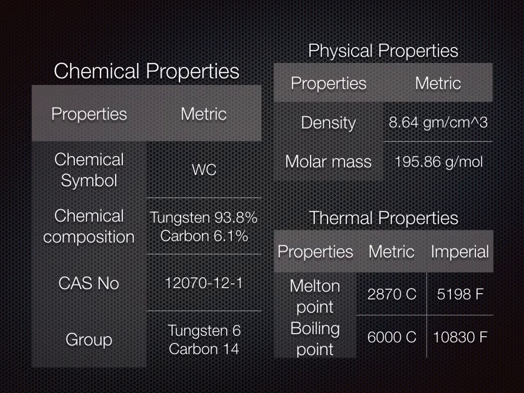It has a molar mass of 195.6 grams per mole and is highly resistant to deformation, and it keeps its stability at both extreme cold and extreme hot temperatures. Its melting point is at 2870 degrees Celsius and its boiling point is at 6000 degrees Celsius.